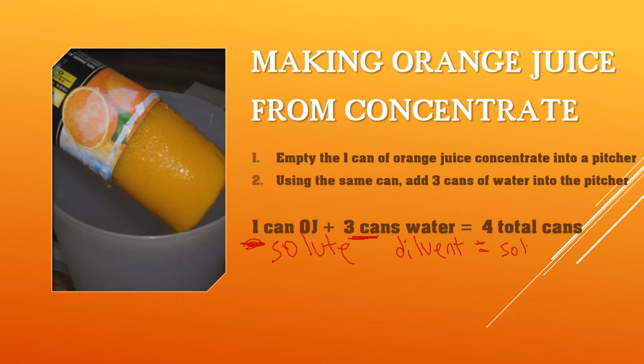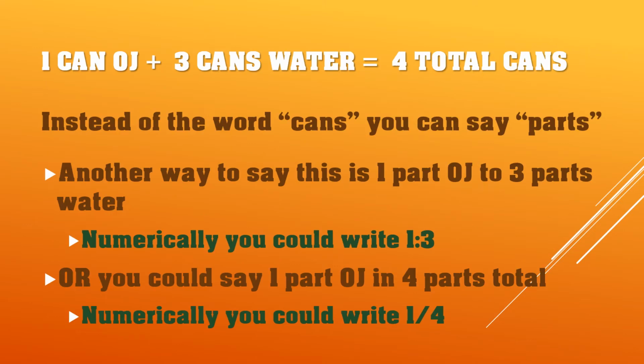That would be the solute plus the diluent. So I wrote this on this next slide so you can remember: 1 can of OJ plus 3 cans of water equals 4 total cans, and that's your orange juice solution that you're going to drink.